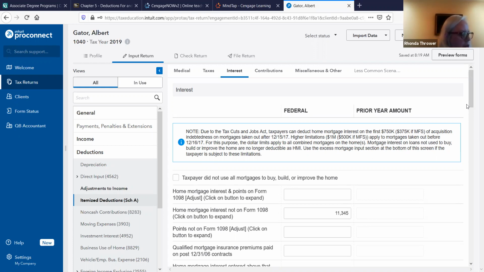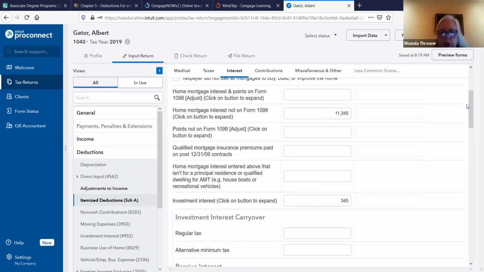Now, there was some other interest that I thought was kind of interesting, and that would have been an additional interest for like investment interest expense on the stock margin account. I had to find a place to put that, and the amount was $345 according to your textbook.